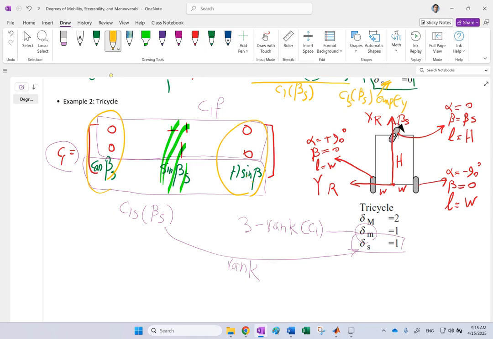All you need is to multiply this by cotangent of beta divided by h, and you will get that first column. So rank of this guy is 2 in this case, and therefore delta of mobility is going to be 1, and then 1 plus 1 is, of course, maneuverability in this case is also going to be 2.